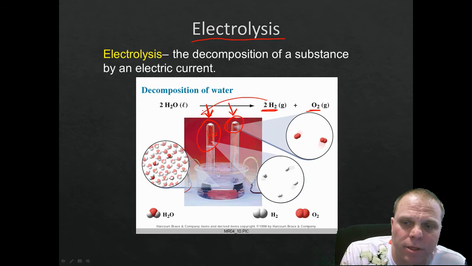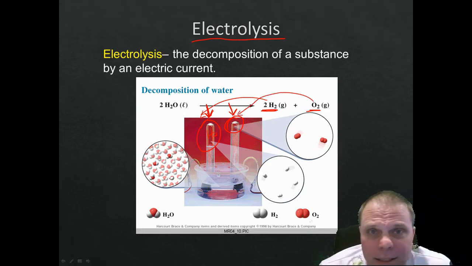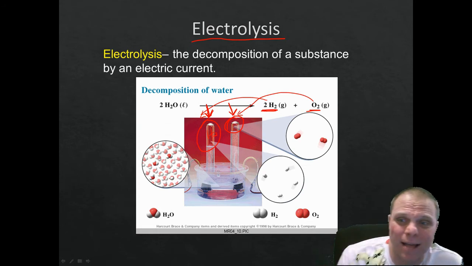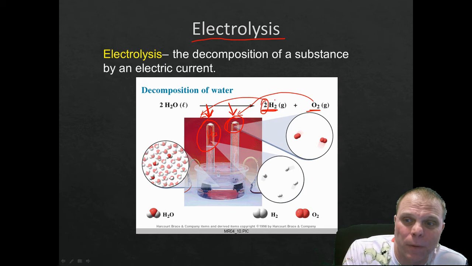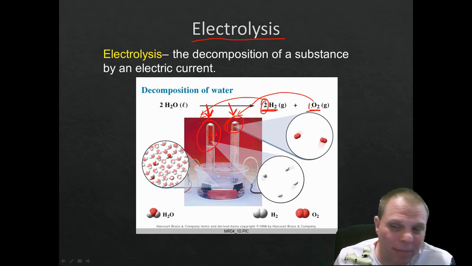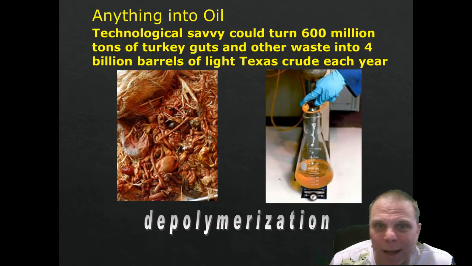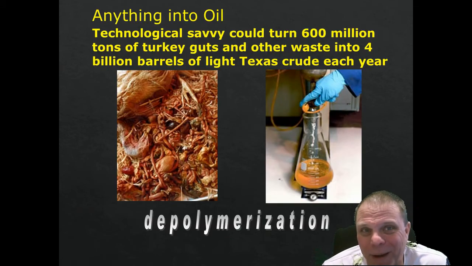So that's going to be hydrogen. And then this one is going to be the oxygen. And that's really evident in this particular reaction because you can see twice as much gas. That little 2 right there is indicating there's twice as many moles of that one as there is of that one. Cool, huh?